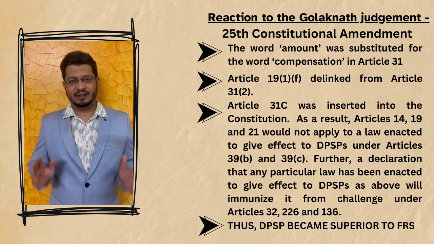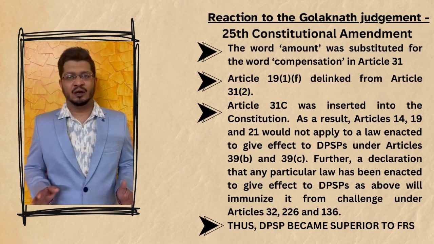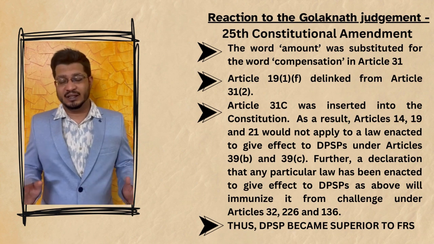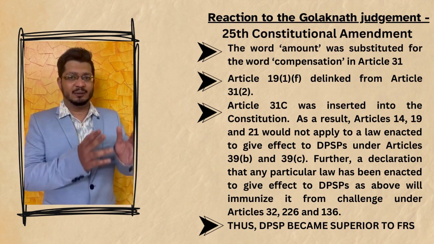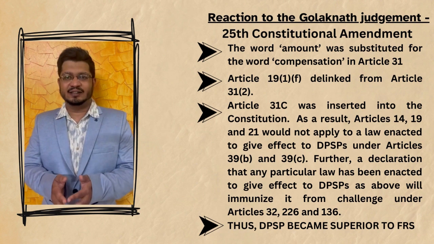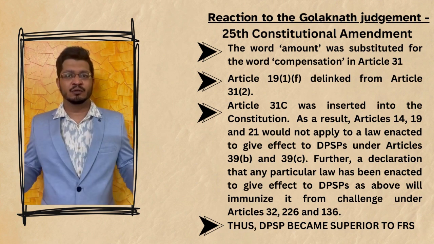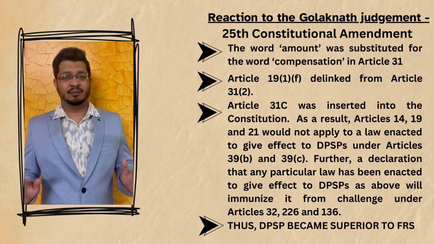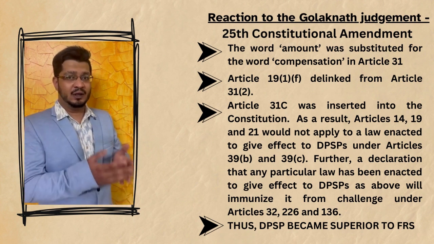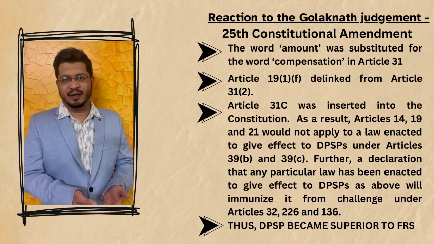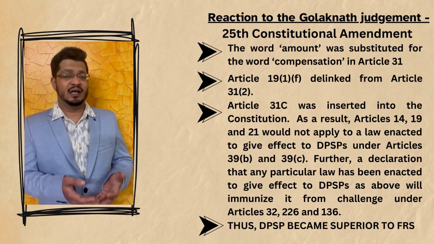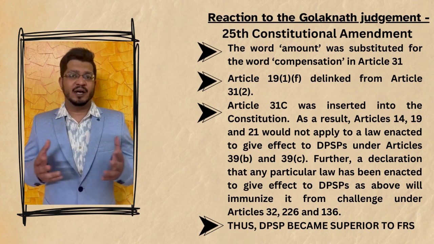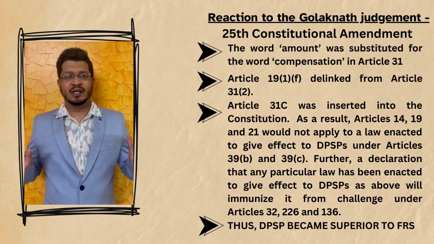According to Article 31C, any law which is implemented or enacted to give effect to the objectives mentioned in Article 39 subclause B and Article 39 subclause C was made immune from judicial review. Further, any declaration by the Parliament that a particular law was enacted to give effect to objectives mentioned in Article 39B and Article 39C was made immune from judicial review.